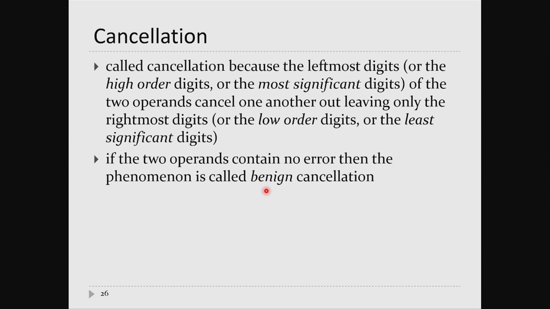Then it doesn't matter. When you do subtraction, you get the answer to within half an ULP. So that's called benign cancellation. Yes, cancellation happens, but the answer is still more or less correct.